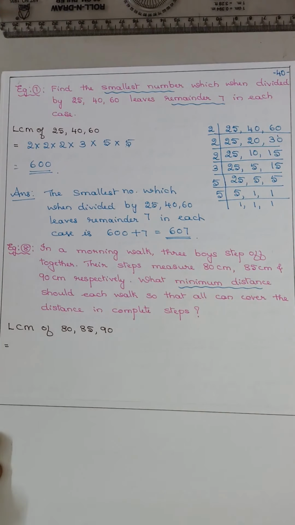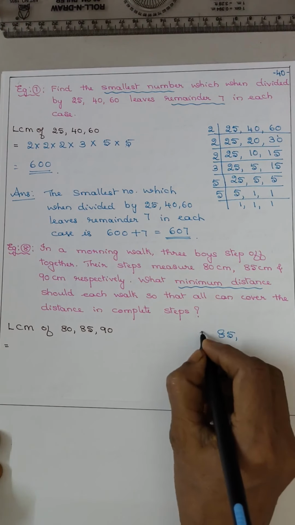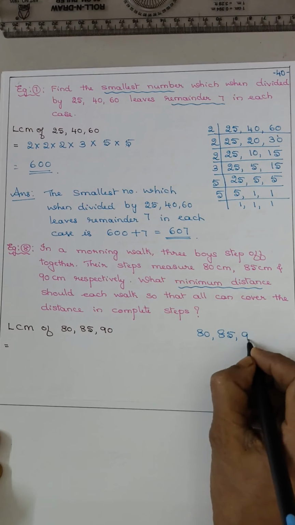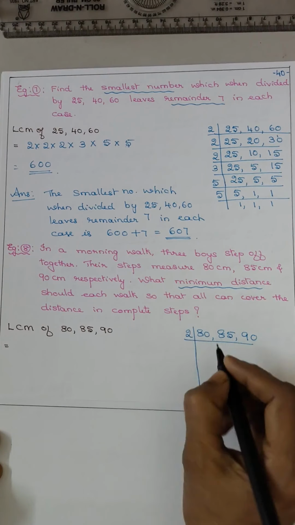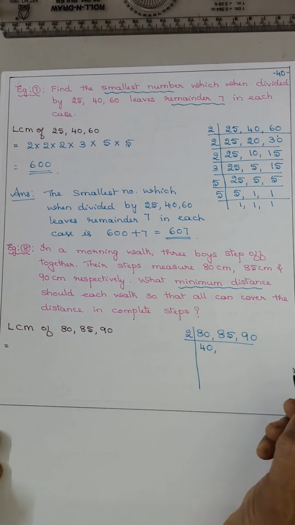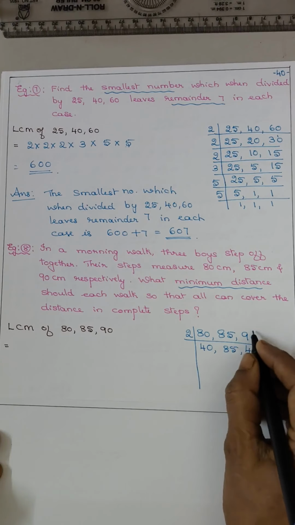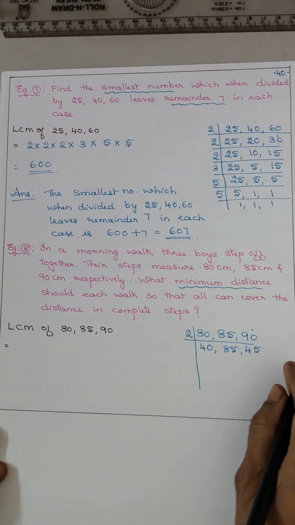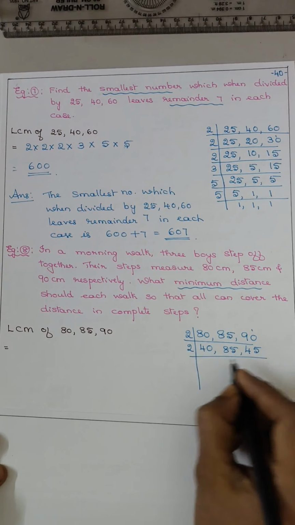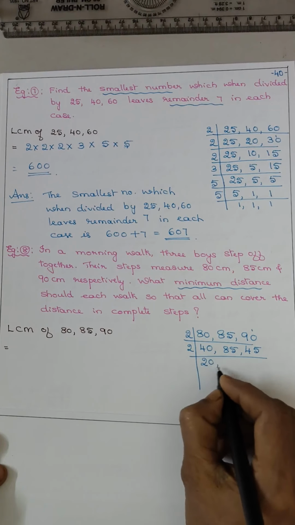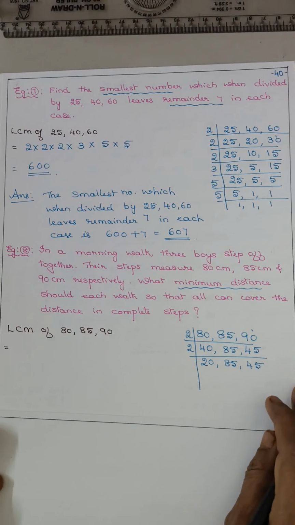Okay. So 80, 85, 90. These two are even, so 2. 2 4s are 8, 0, 85 as it is. 2 4s are 8, 1 remains, 5s are 10. Now this is even, 2, 2s are 4, 0, 85, 45 as it is.